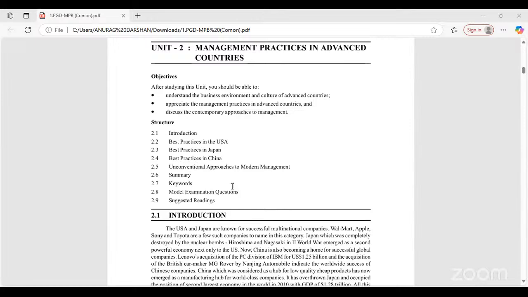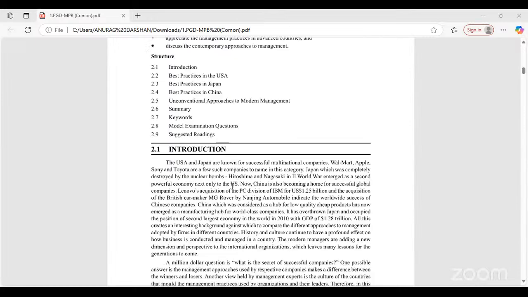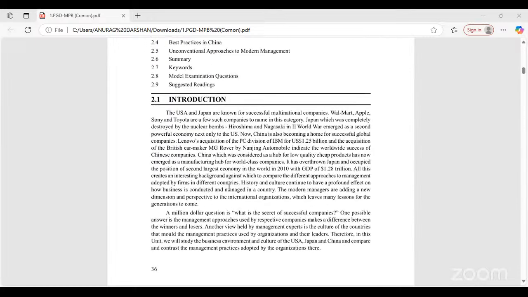Coming to management practices in advanced countries. Advanced countries like the USA and Japan are known for their successful multinational companies. We have Walmart, Apple, Sony, Toyota, and so many other companies.